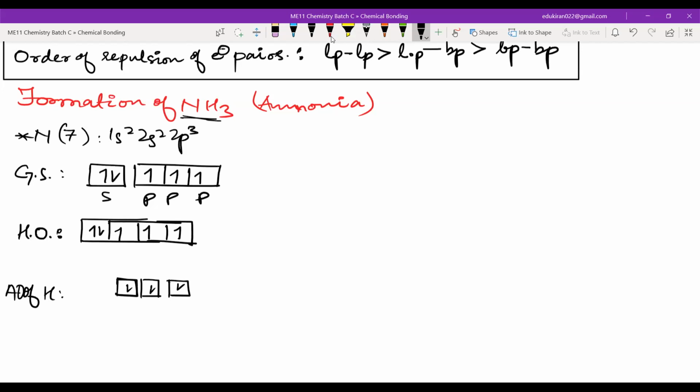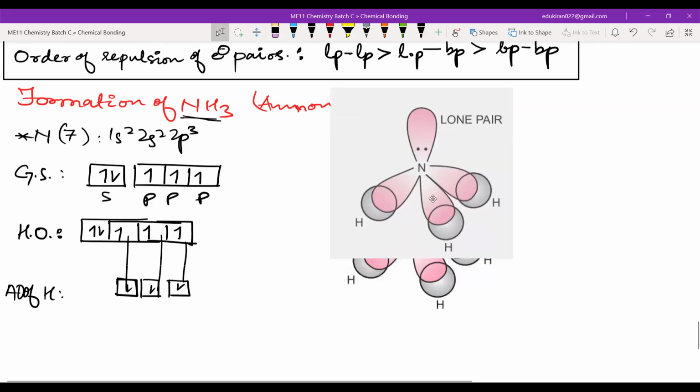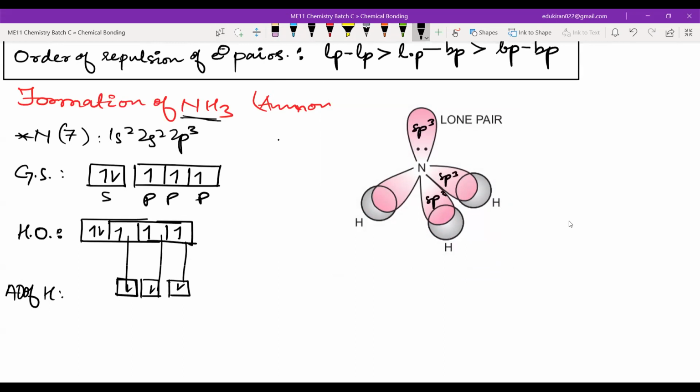This will be the bonding. Let me show you how it looks. These are all sp3. This is also sp3, this is also sp3, all of these are sp3.